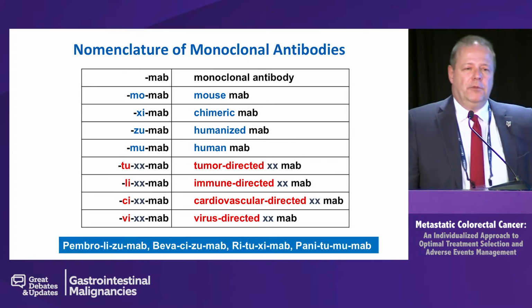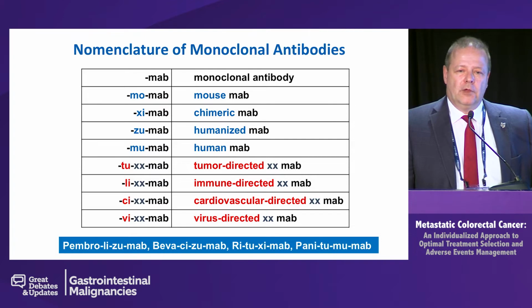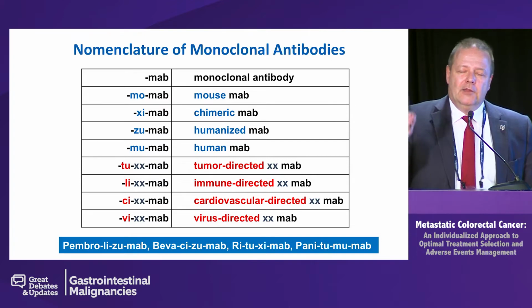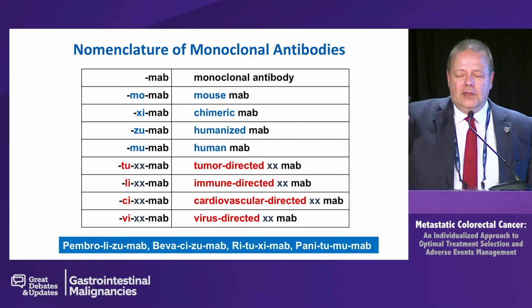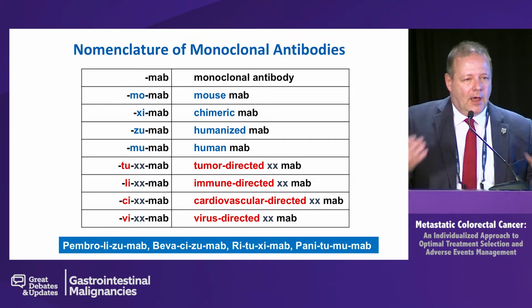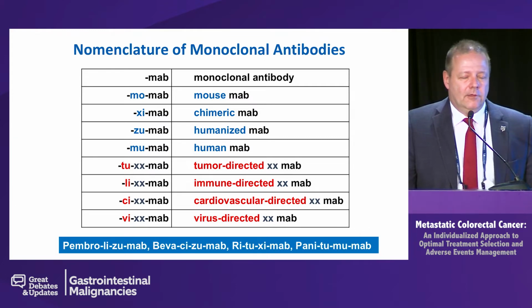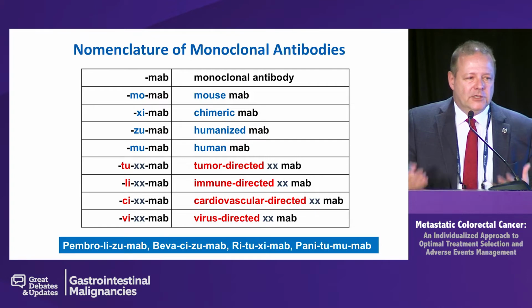The syllable before that is the most important one with regard to mechanism of action: is it an antibody that binds to a tumor cell, TU? Is it an antibody that has immune modulation, LI, like pembrolizumab? Or is it a cardiovascular antibody not really targeting tumor cells, like bevacizumab as a VEGF inhibitor?